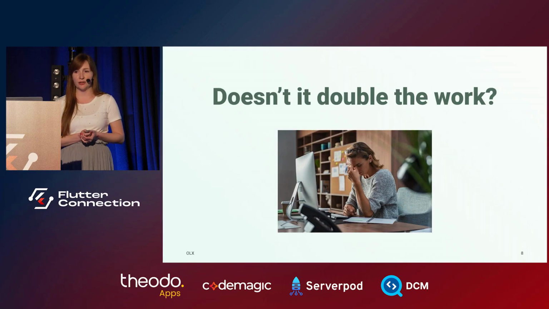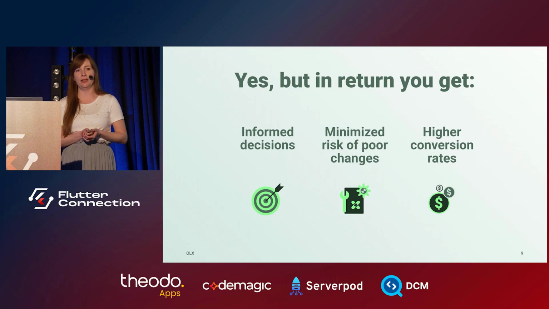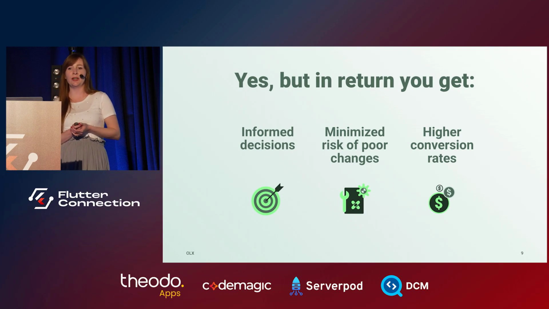And you may be asking yourself, doesn't it double the work? Because anyway, you will have to implement two versions of the code inside your application. And it's kind of true, but in return, you are making informed decisions because you don't have to rely on guesswork. And sometimes we think we know what is best for our users. We think that our idea is just the best and it will make the app the greatest, but users may disagree.